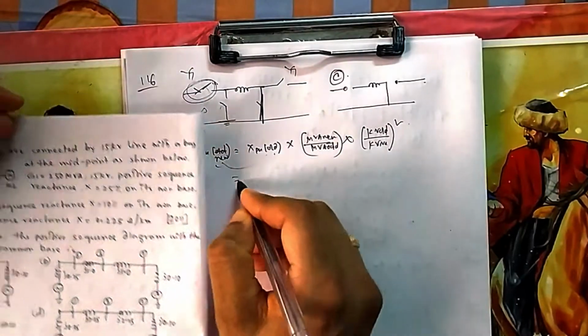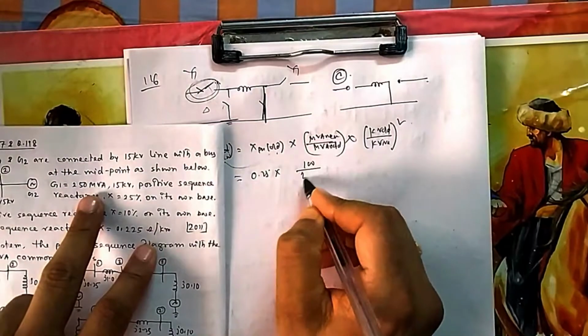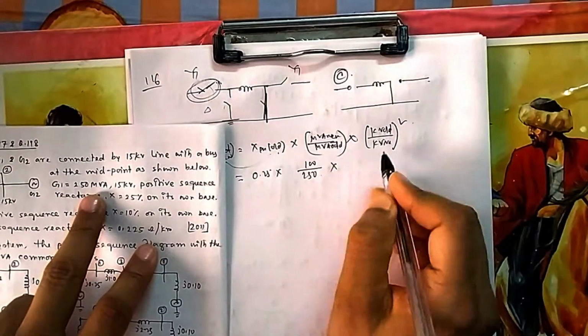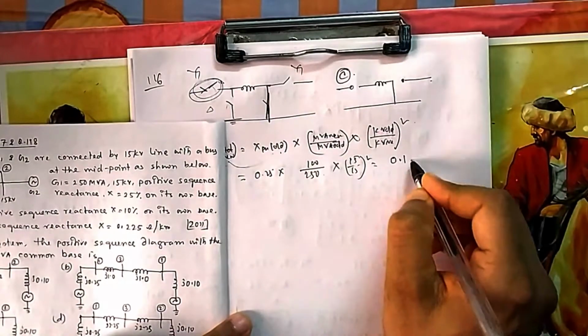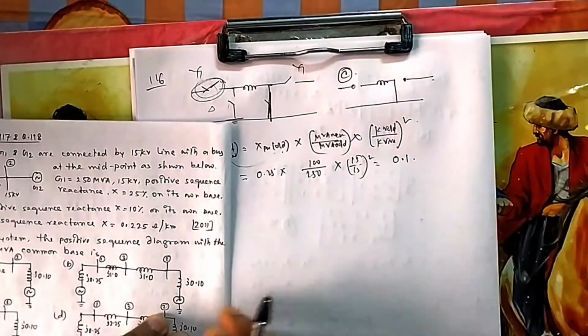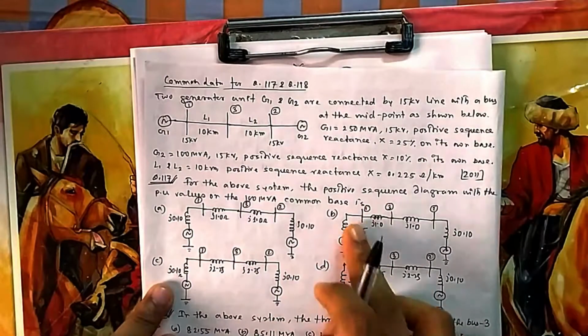New kV you don't need, old per unit is 0.25, new MVA is 100, and old MVA for generator 1 was 250. kV is the same, so it is 15 by 15 whole squared. If you do this, it will be 0.1. You can see it here. That means your G1 would be 0.1. So these two should be 0.1. These will not work out.